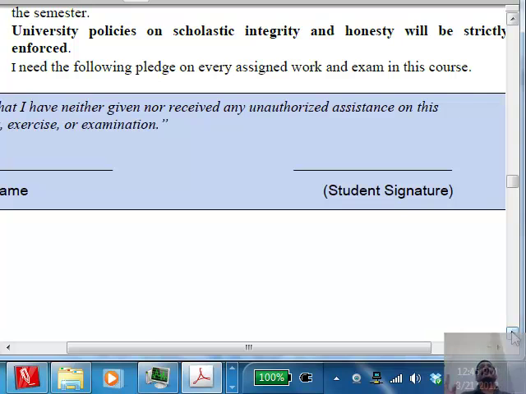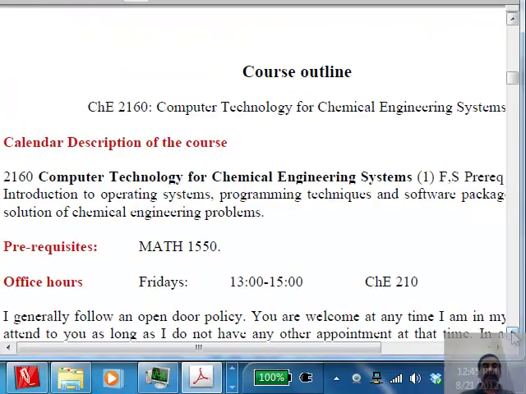I don't want to get involved in that. If there are 3 identical or 2 identical assignments, all the persons concerned will get a 0 for that particular assignment. And if there is a repetition of pattern, then I'll probably have to report it to higher authorities, because plagiarism is not tolerated according to university policy, College of Engineering policies. Okay?